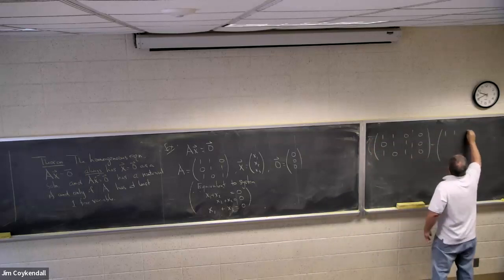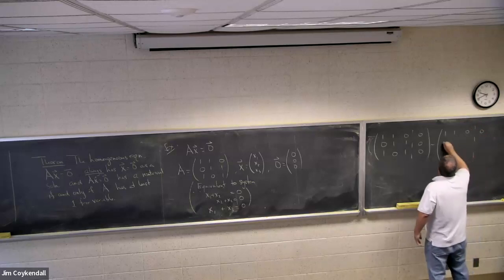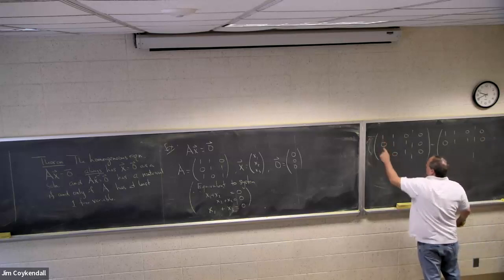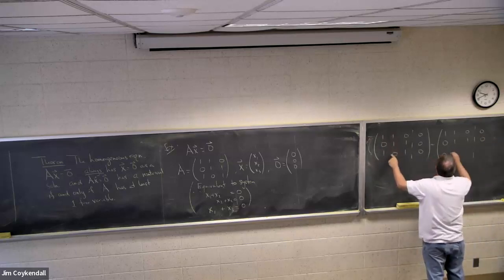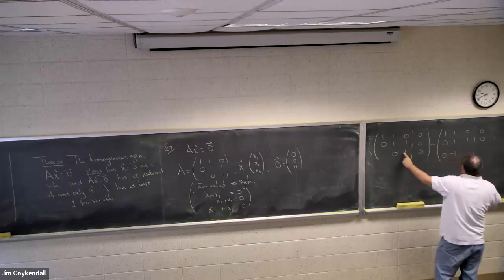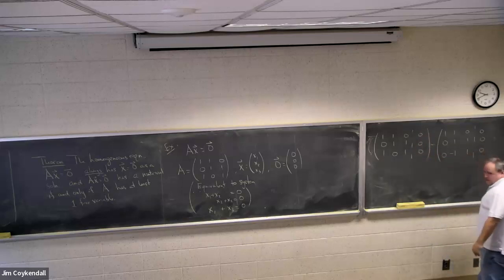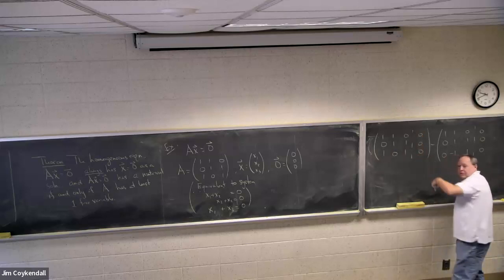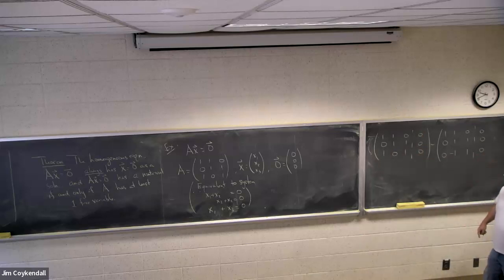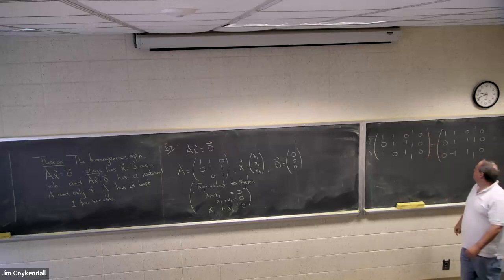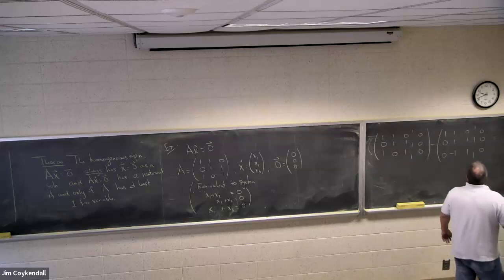So this becomes 1, 1, 0, 0, 0, 1, 1, 0. Multiply by -1 and add, and -1 times 0 added to 0 is 0. So you can start to see why it doesn't matter what row operations I perform: I'm always going to get 0, 0, 0 on the right side. It's always going to be something times a 0 plus another 0. Okay, so let's see where we're at now.